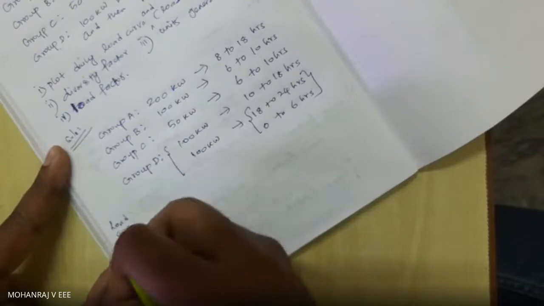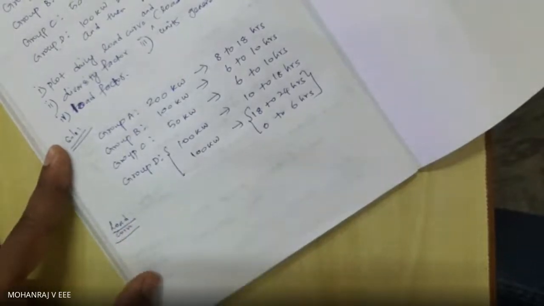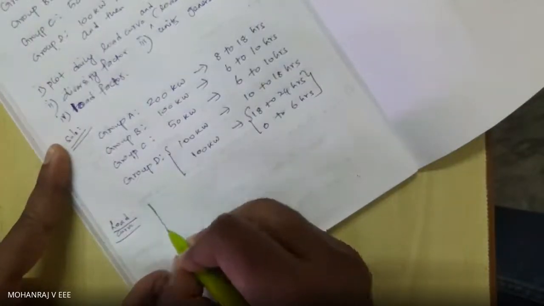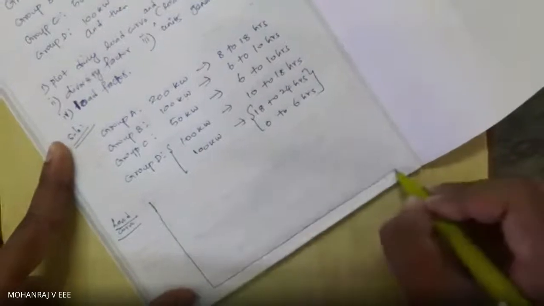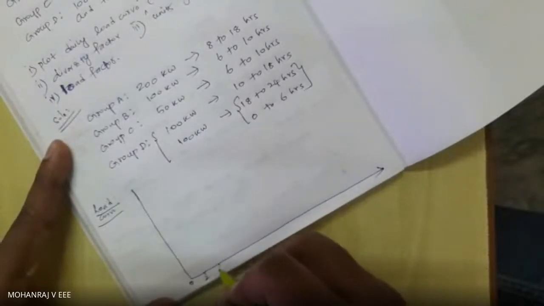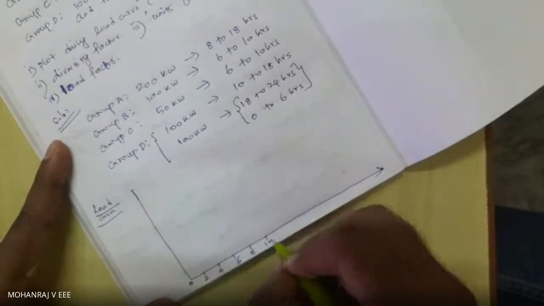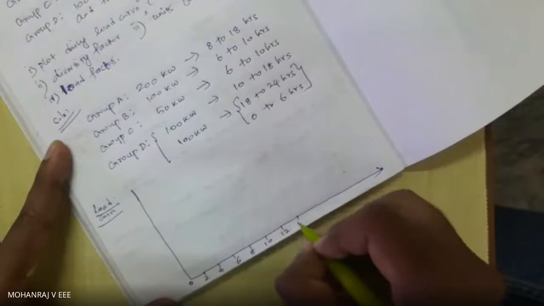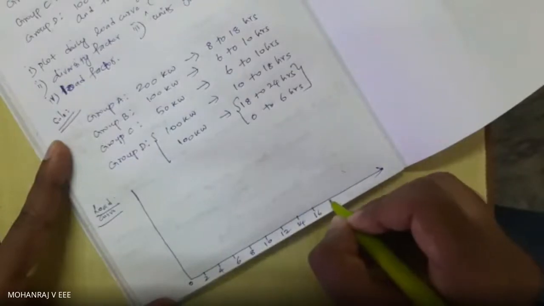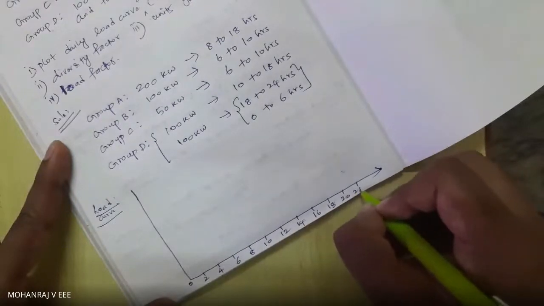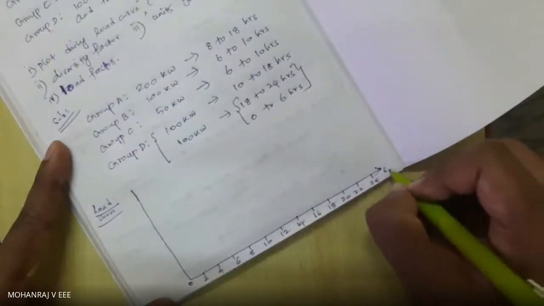We take 24 hours on the x-axis: 0, 2, 4, 6, 8, 10, 12, 14, 16, 18, 20, 22, 24, so the time is in hours.